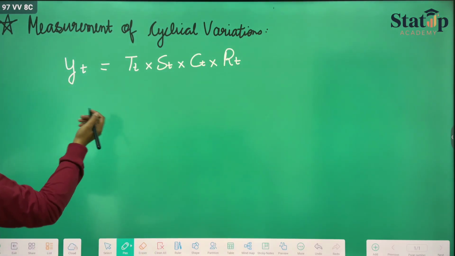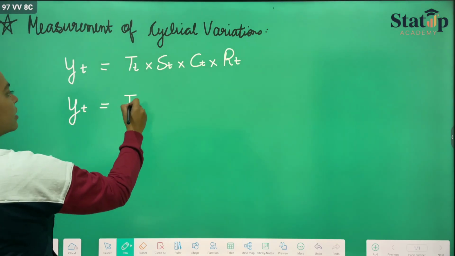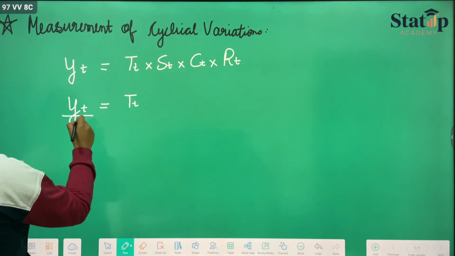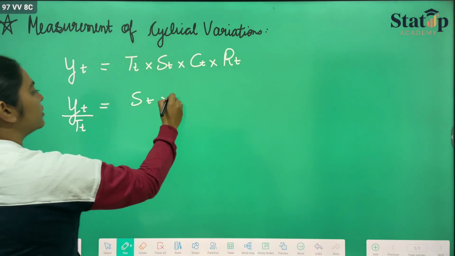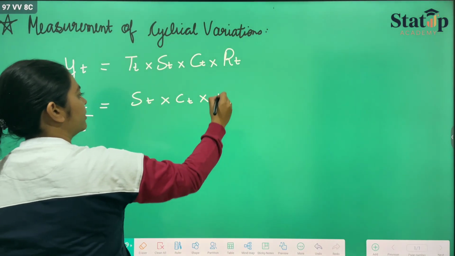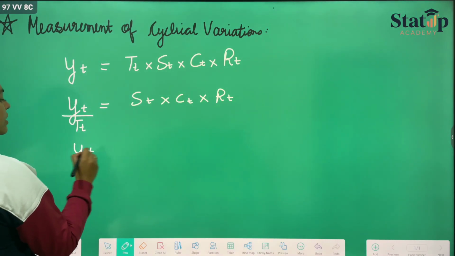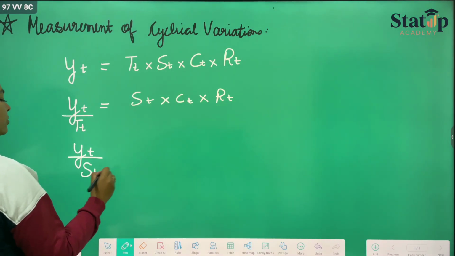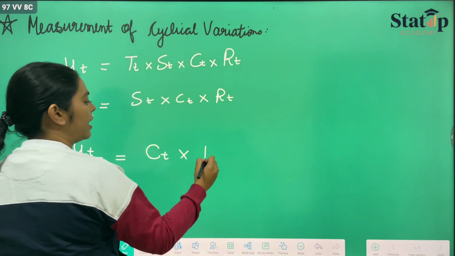After finding out trend, we eliminated it, meaning we divided by trend, and we got seasonal into cyclical into random component. Now the third step was to find out seasonal and to eliminate that, that is, to divide with that. So we are only left with cyclical and random.